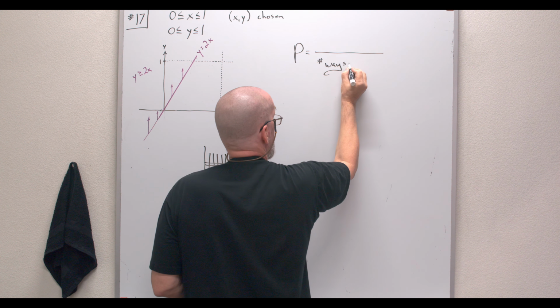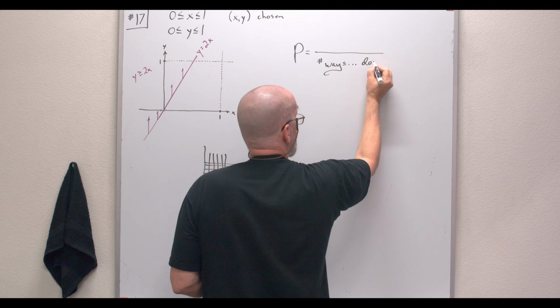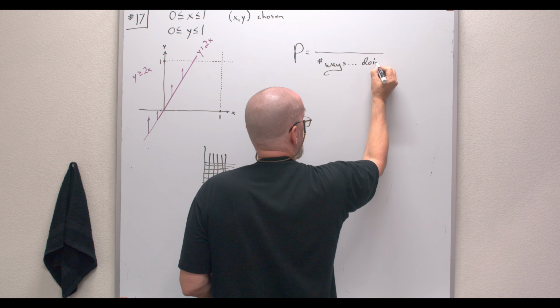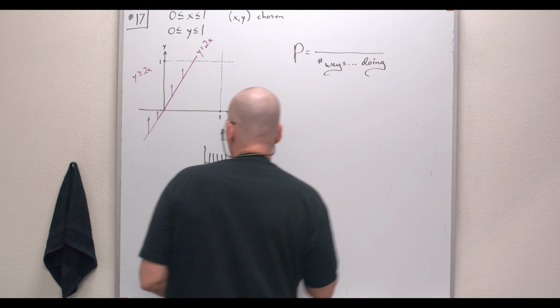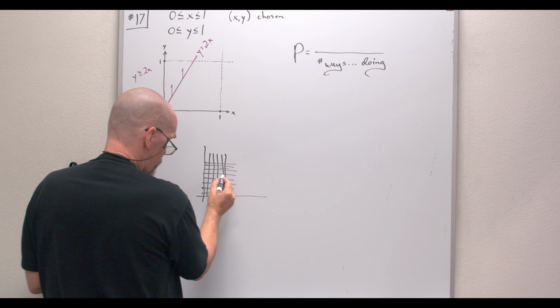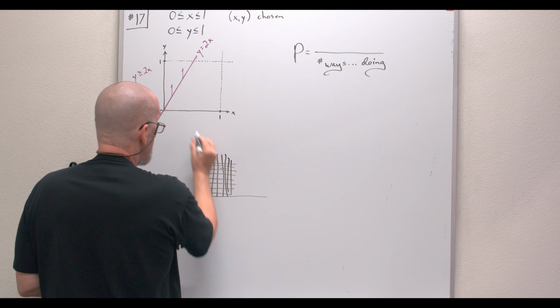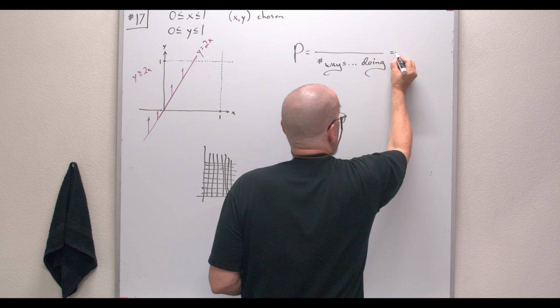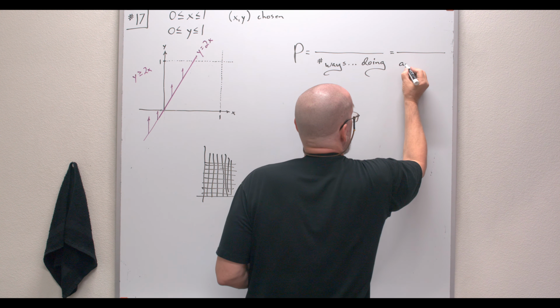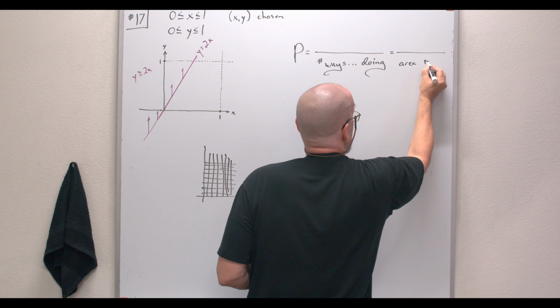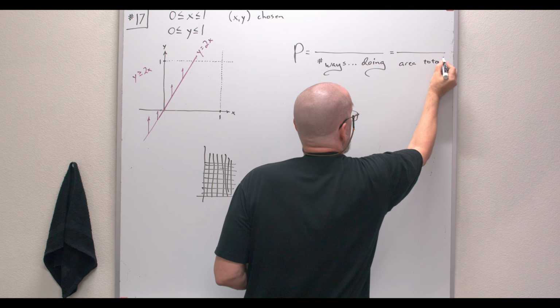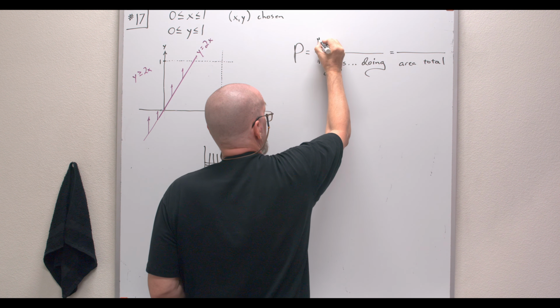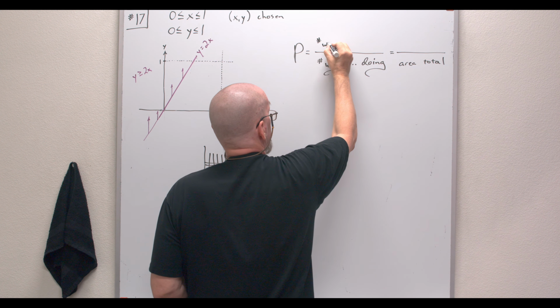There's a little modification. Number of events in the sample space. In this case, what we are doing is randomly choosing one of these little grid points that's inside this square. So we're going to look at that as the area. On top, number of ways of doing what you are trying to do or concerned with.